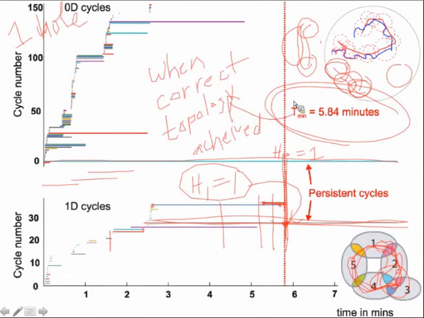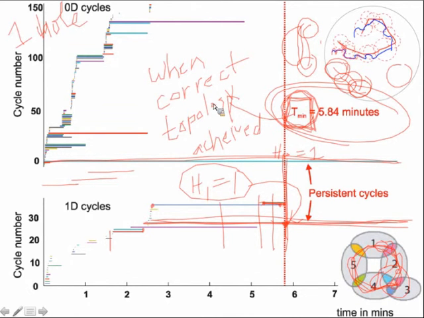So T-min is the main thing in their paper. They're interested in calculating T-min, which is when you have the persistent bar for H0 and when you have the correct numbers of persistent bars for your H1, and the minimum time when that is achieved, that is what we're interested in.